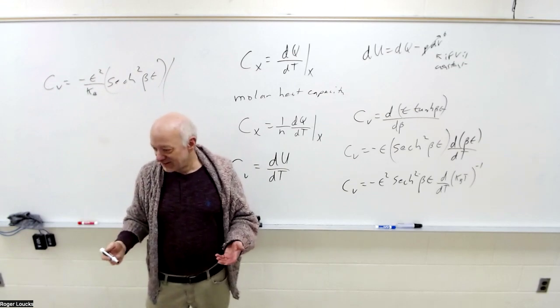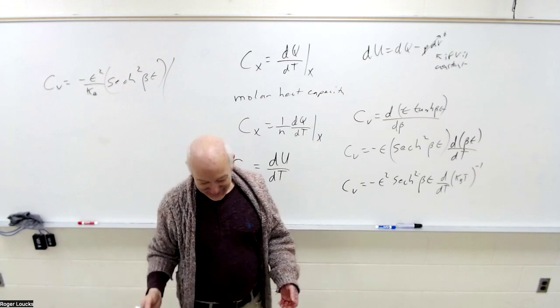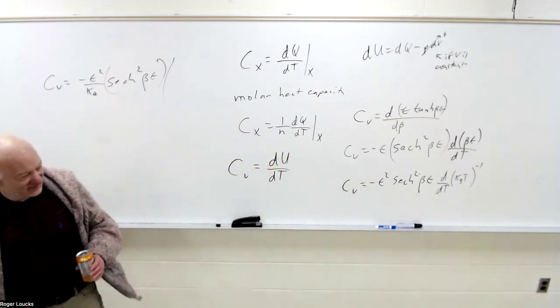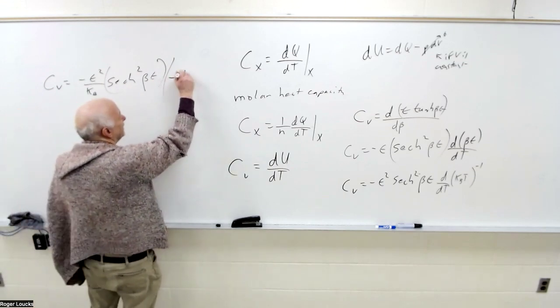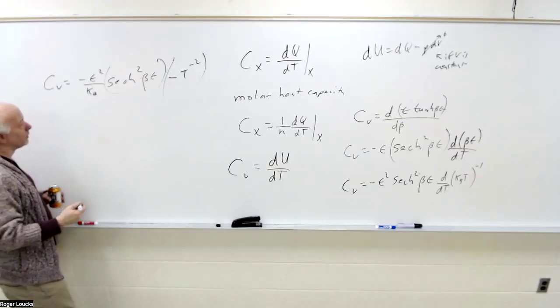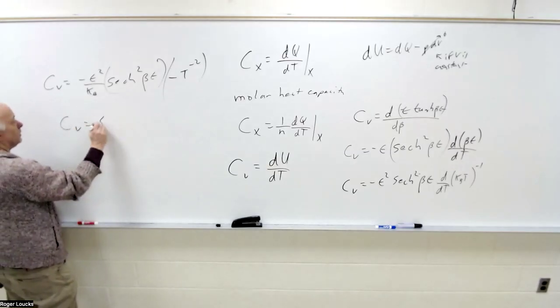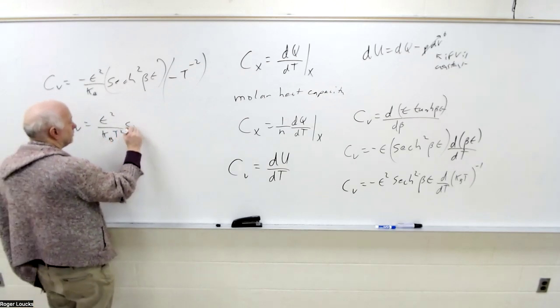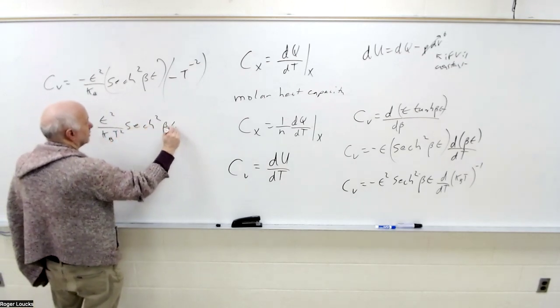I love how you ask these questions, when you say something and you mean something else, but we know what you mean. It's minus 1 over T squared. So what do we get here? We get our CV. It's epsilon squared over kB T squared, hyperbolic secant squared.